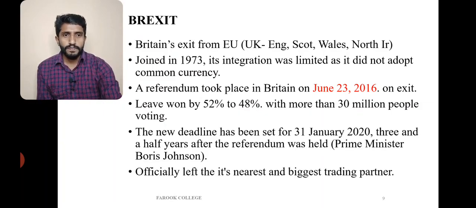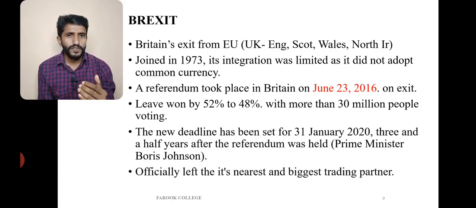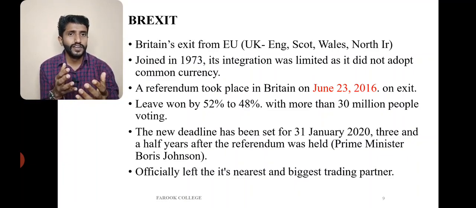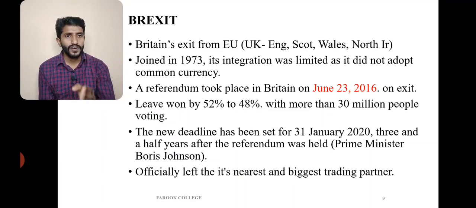But it was not possible very soon, because it needs a large kind of agreement with the European Union regarding their trade and other activities. So it was continuously postponed, and the last deadline was decided on 31st January 2020, 3.5 years after the referendum was held.